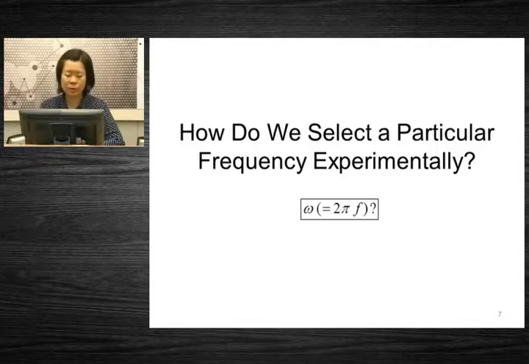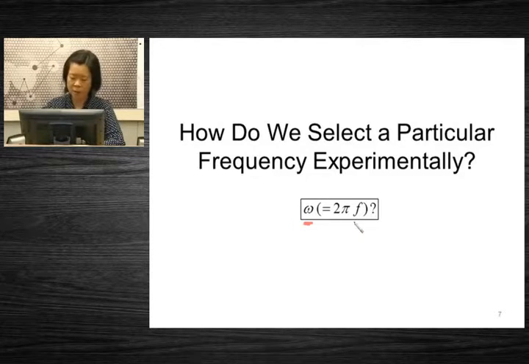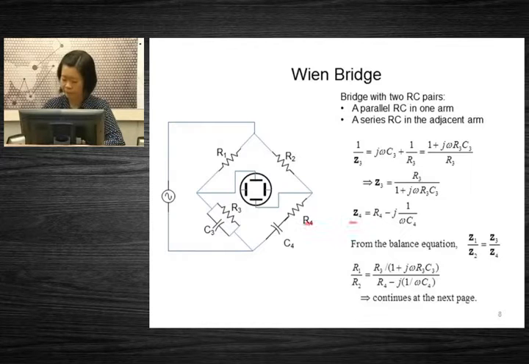Now, let's go to the second topic. How do we select a particular frequency experimentally? Frequency means either omega or f. So, let's use the Wien bridge example. This bridge has two RC pairs.